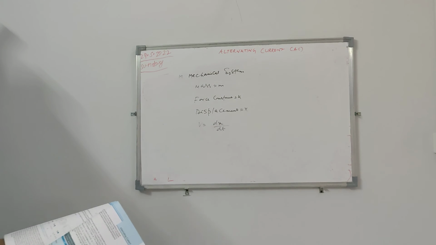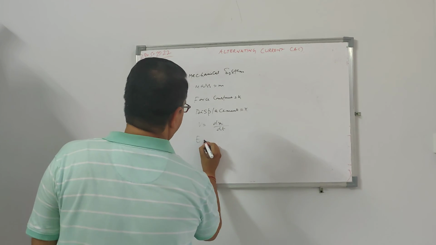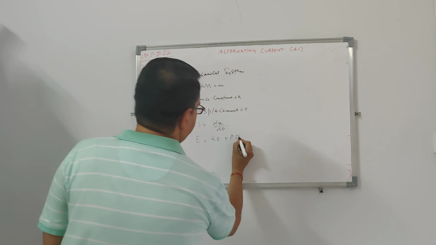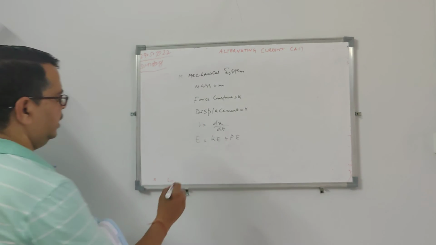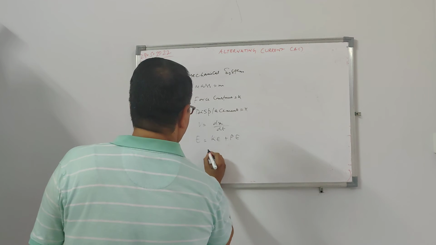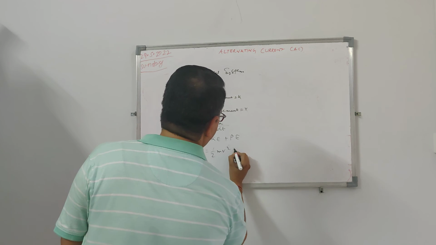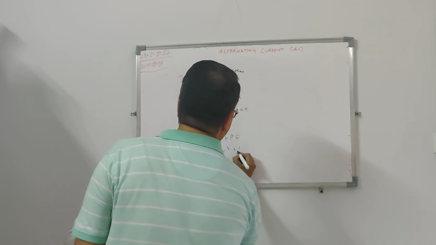Then my mechanical energy E is equal to kinetic energy plus potential energy: kinetic energy is half mv square and potential energy is half kx square.